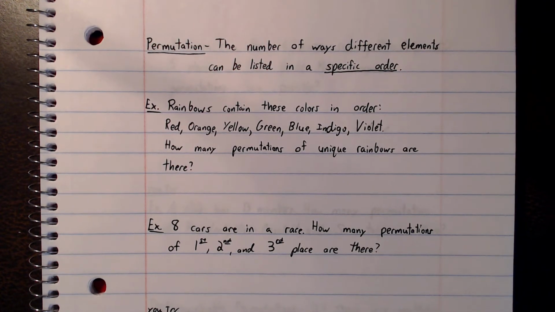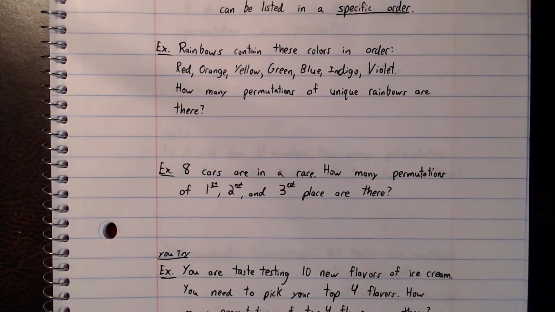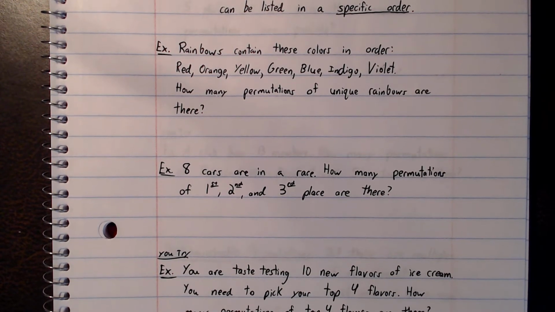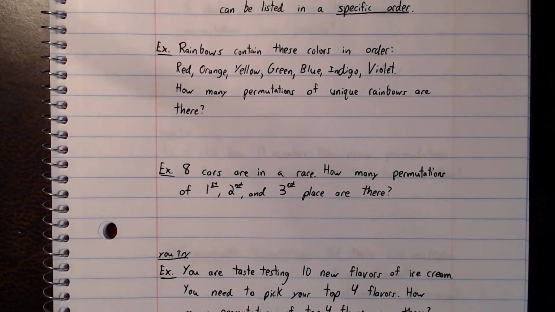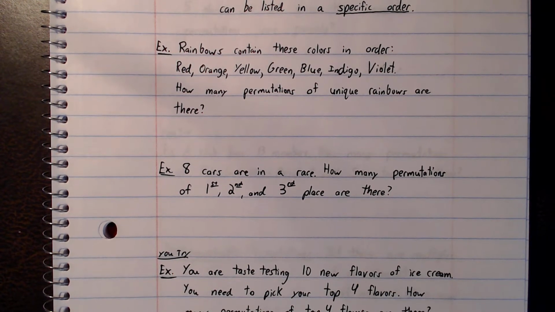And it's not just races. We have things like rainbows, right? We have rainbows that contain the colors in this order: red, orange, yellow, green, blue, indigo, and then violet, right? And red is on the outside, and purple colors are on the inside. So the question here is, how many permutations of unique rainbows are there?